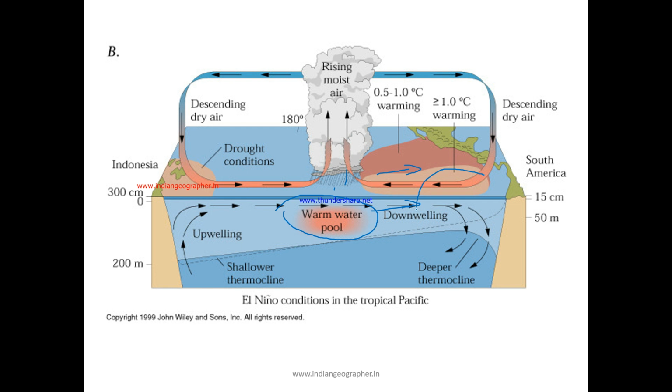At a later stage, by December, it occupies this particular area right along the coast, and there is a downwelling that happens here, and upwelling on the opposite side, that is the Western Pacific. So the Walker cell gets completely reversed, right? So this is the new Walker cell, the El Nino Walker cell, right?